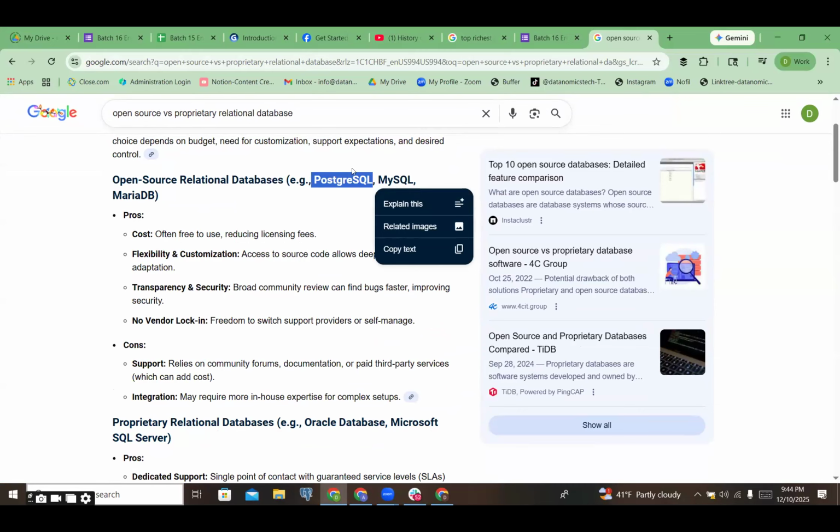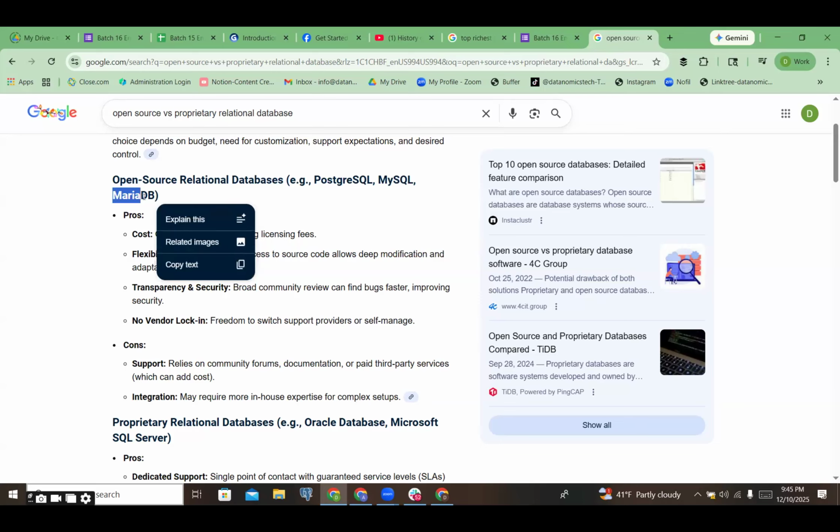And there's another one called MySQL, and MariaDB and so on. These open source relational databases are available for free. We can use them and we can even resell them. So you cannot just go around selling the software because no one is going to buy it from you since it's available for free. But if you want to modify it and add some interesting features to it and create something on top of these database systems, then you can commercialize it if you want.